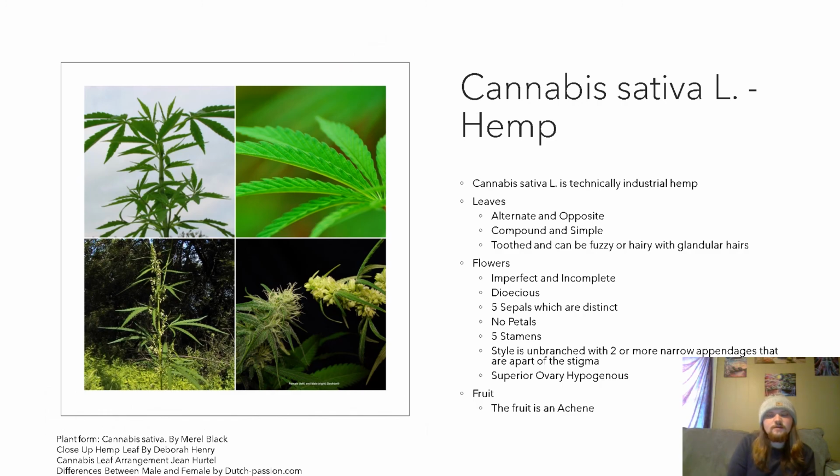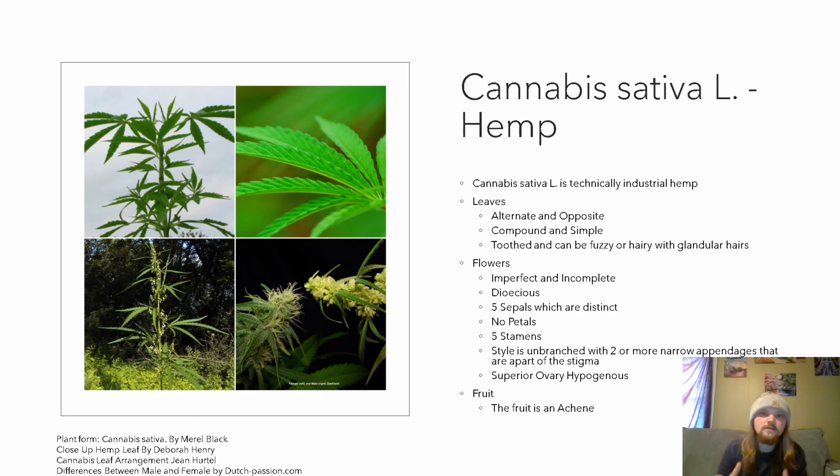My first example of plant species is Cannabis sativa L., which is known as industrial hemp, and it's actually interesting because it can either be subgroups or it can all be different Cannabis sativa. Cannabis sativa is the genus, but then there are all these different varieties of it which make up Cannabis L in general.